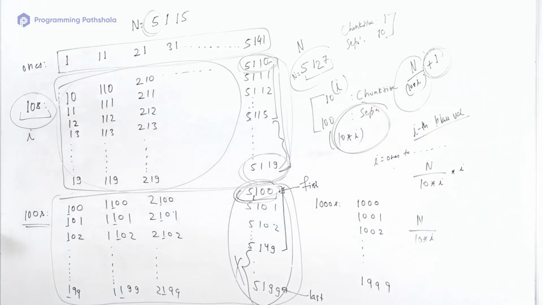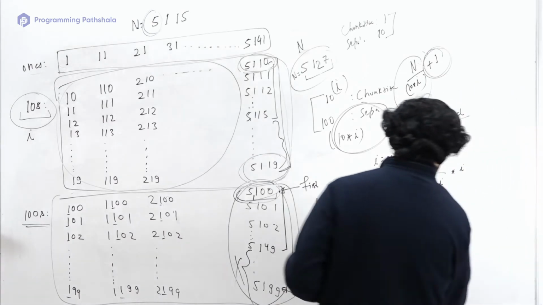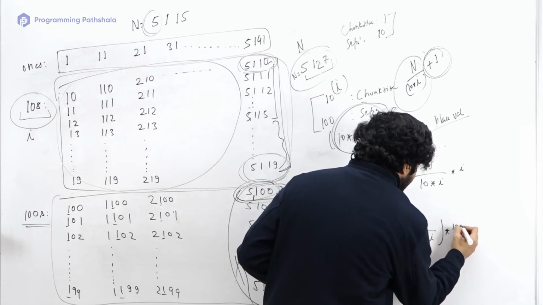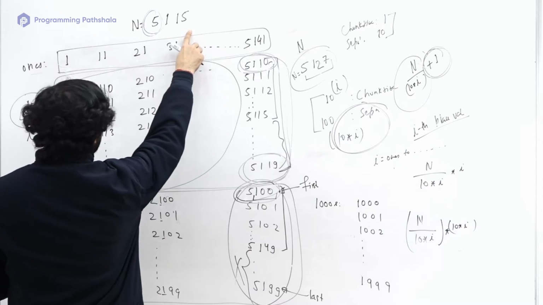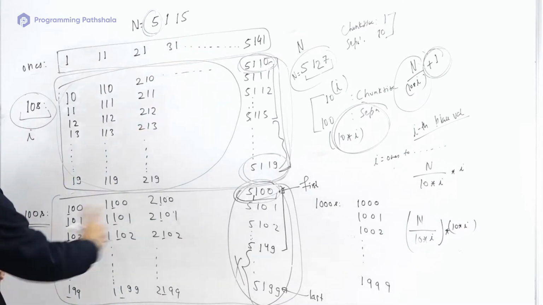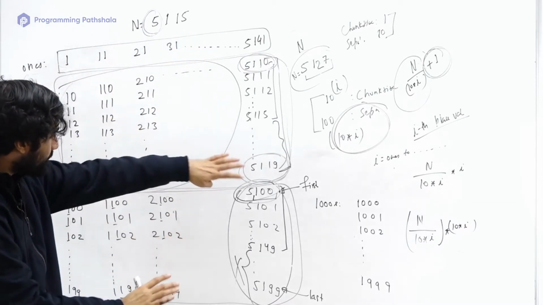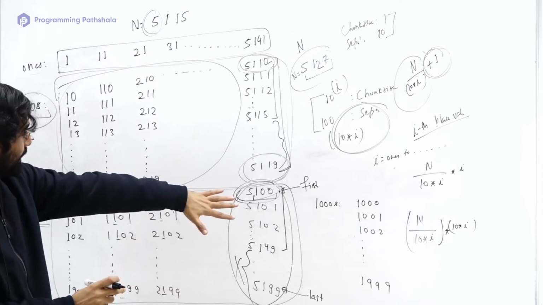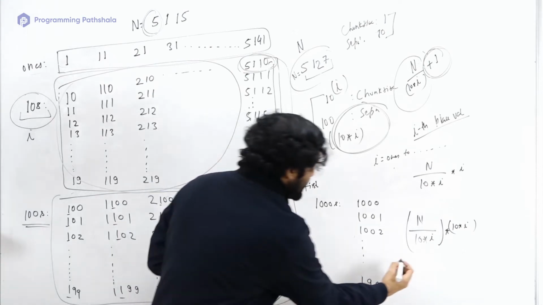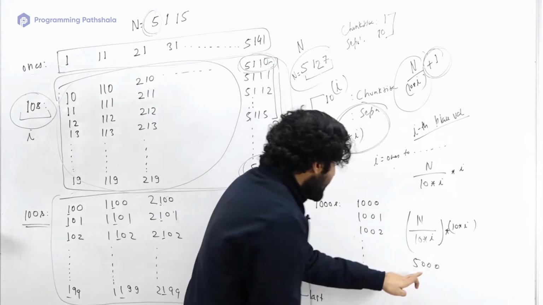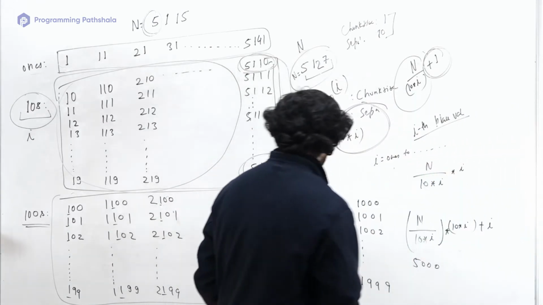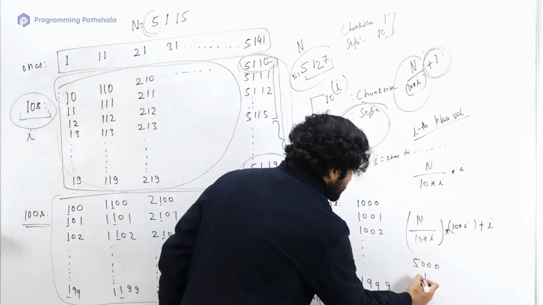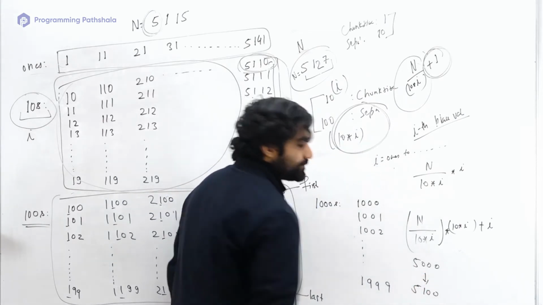Then you can multiply that 5 with 1000 again. So this divided by 1000 gave you 5, and then you multiplied that 5 by 1000 again. So it's like getting 5000. And then you can very easily add I to this. So when you add I, you will get 5100.